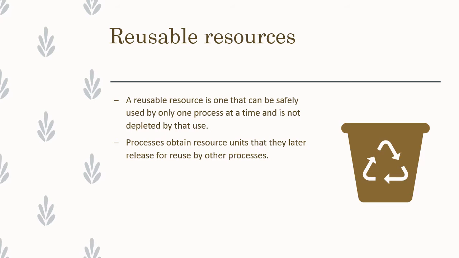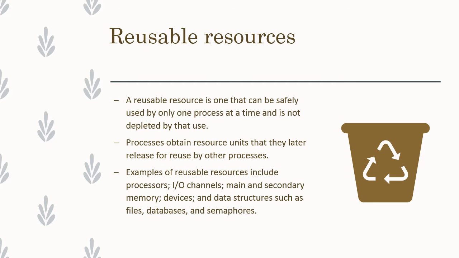Processes obtain resource units that they later release for reuse by other processes. Examples of reusable resources include processors, I/O channels, main and secondary memory, devices, and data structures such as files, databases, and semaphores.